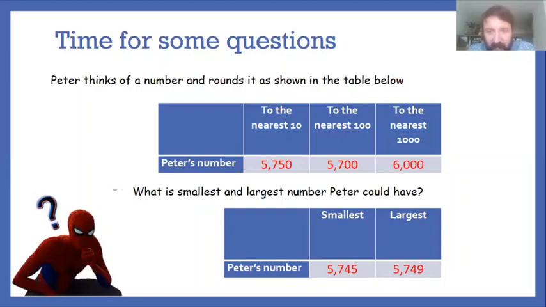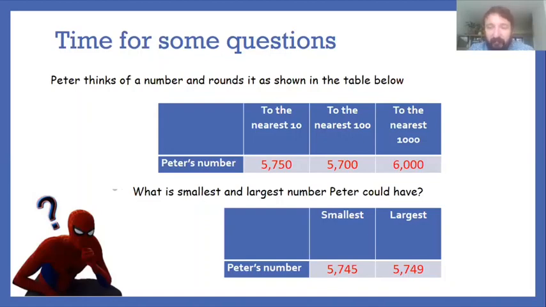5,745. Now, moving over to the hundreds column, I'd then be looking at my 4 as being my decider and my 7 as my star number. Now we know that our decider is 4 and below, so therefore we're going to round down, giving us the answer of 5,700. And then to the nearest 1,000, I'm going to move up to look into my hundreds column here for my decider, and I can see that is 5 and above.